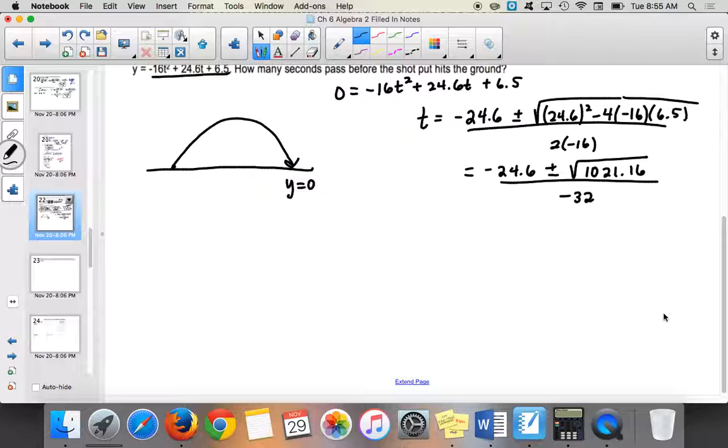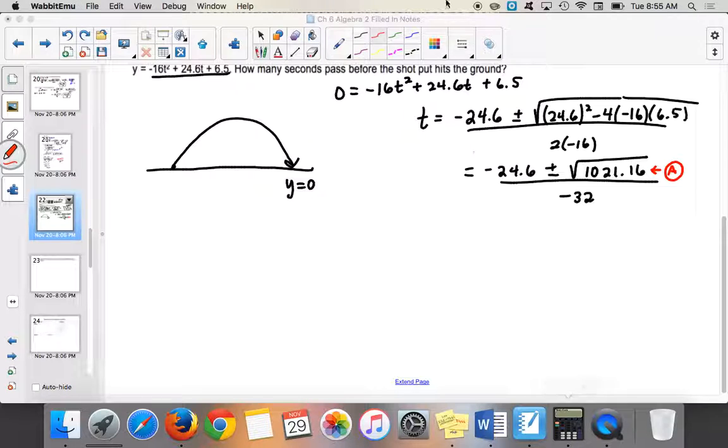It might be easiest to store this inside part as A. I don't know if I've talked about storing this year with you guys. Have I talked about that? Along the left side of your calculator, there's a button that says store. So I'm going to do the 1021.16, and I'm going to hit store, and then store it as alpha A. Let me show you how to do that.